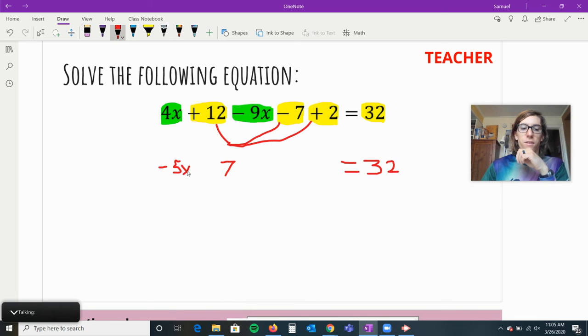I've got a negative 5x and I've got a positive 7. What do I use for positive? Well, a plus sign. So negative 5x plus 7 equals 32. Okay, if I need to pull those together, let's see if I can do this.